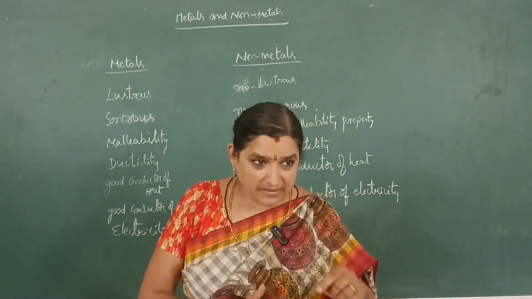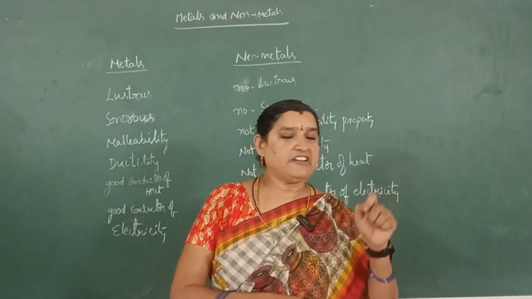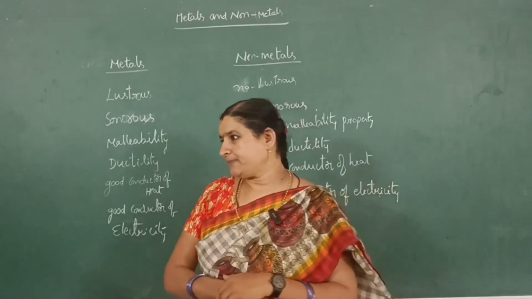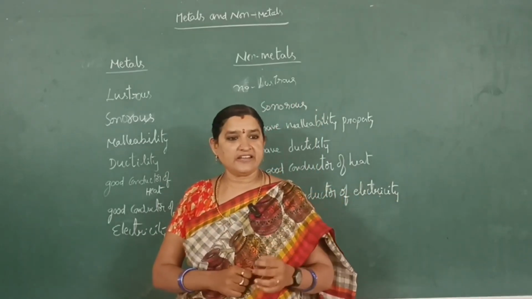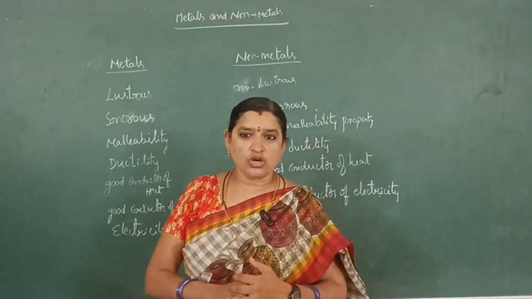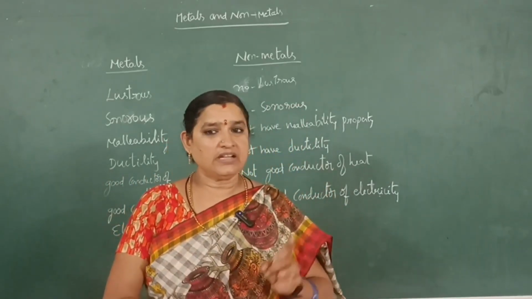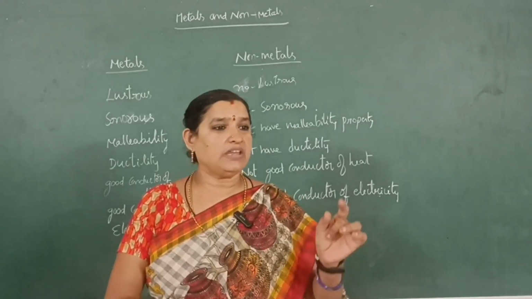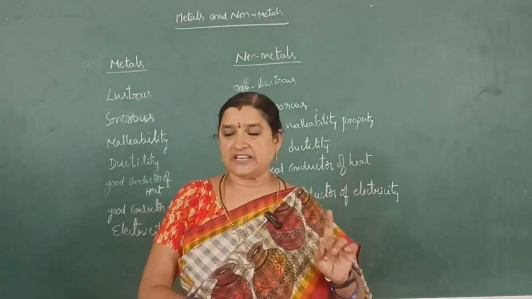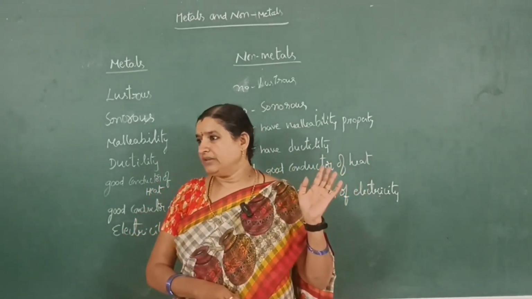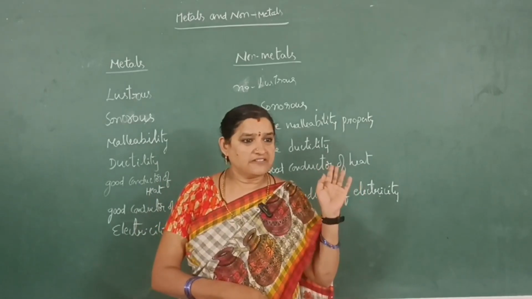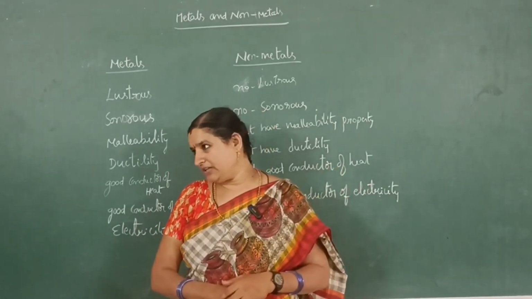Mercury is a metal which is in the liquid state at room temperature. So all metals are solids except mercury, which is obtained in liquid state at room temperature.